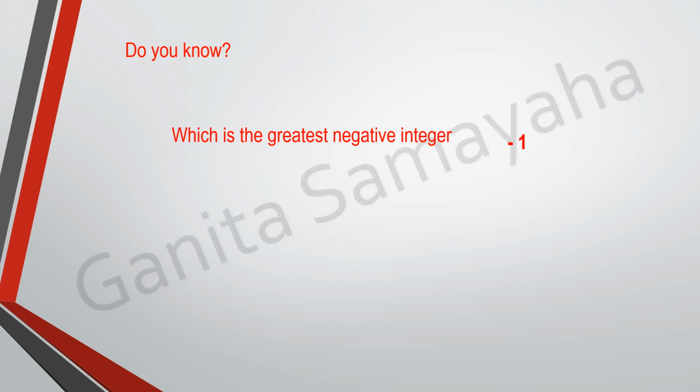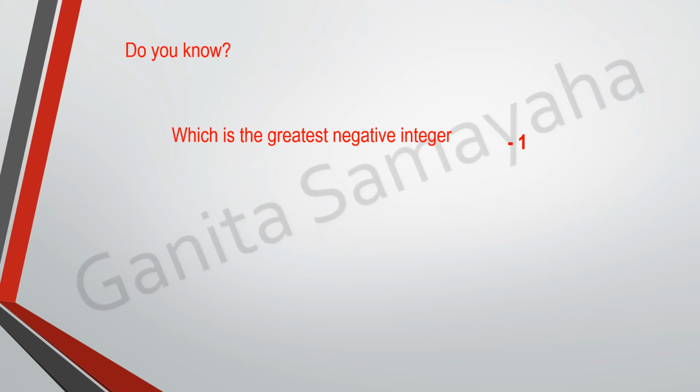Is there a negative integer greater than minus 1? To the right of minus 1, we have 0, which is neither negative nor positive. So, minus 1 is to the extreme right. We know that the integers go on increasing to the right. With respect to negative integers, minus 1 is the greatest.